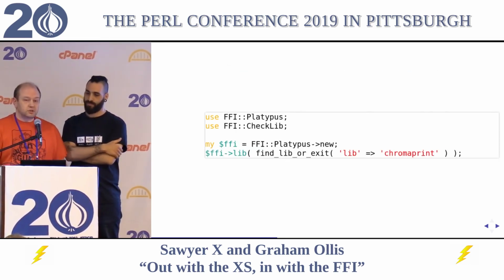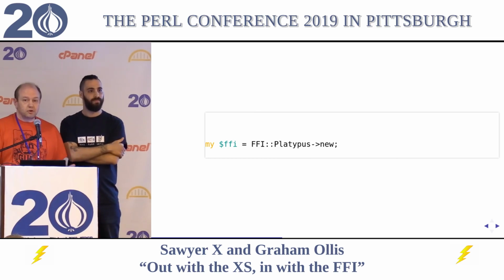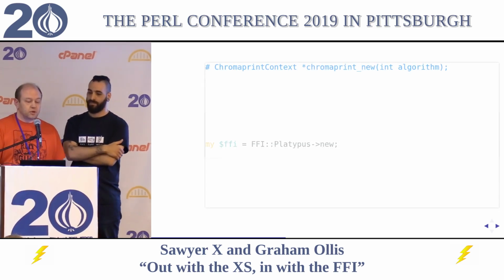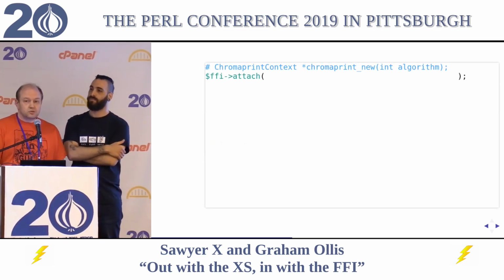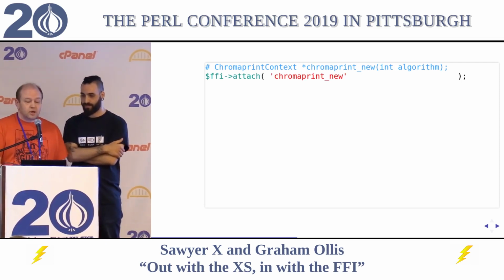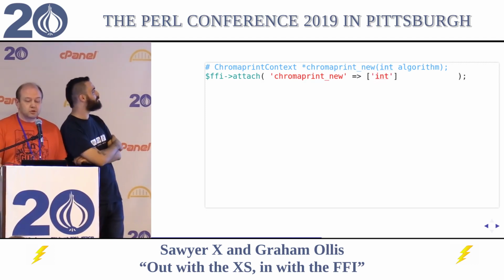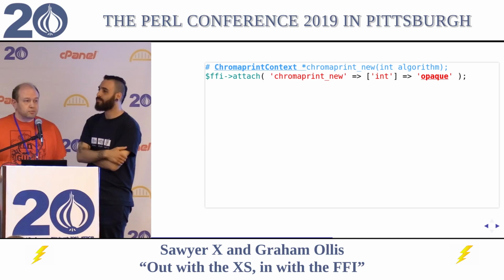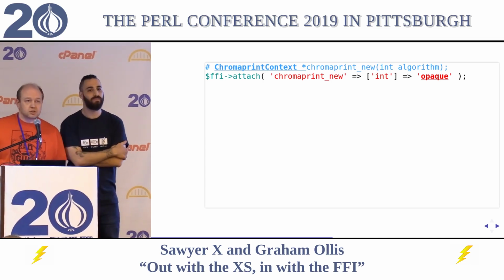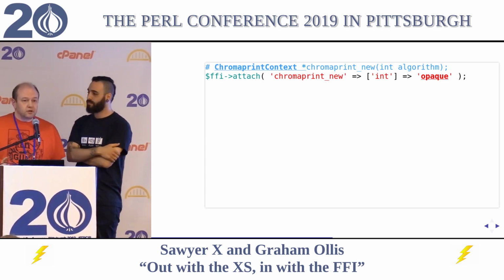So now we can use that FFI object we created to create some functions. And we do that with attach, which creates a function. It takes the name of the function and the argument types, and the return type. Opaque is just this thing that we don't really care about.